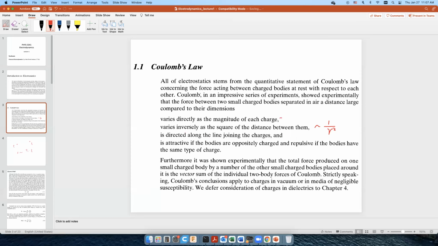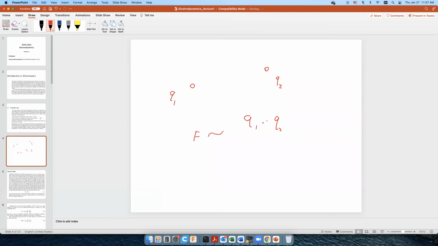The first rule is proportional to Q1 and Q2. If we consider both number 1 and number 2 conditions, you can write it this way: proportional to Q1, proportional to Q2, proportional to 1 over r squared.